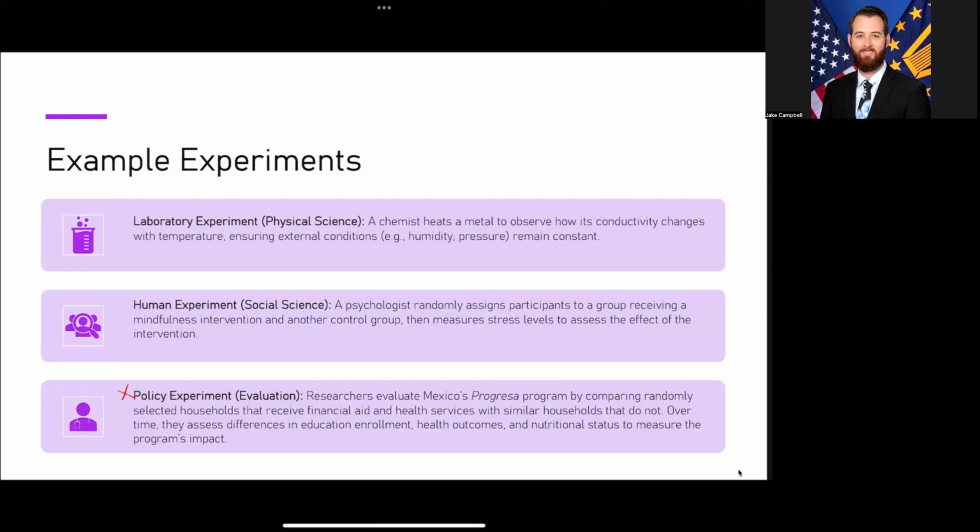What they did was randomly select towns within Mexico. Some of them received the intervention, and others had to wait to start receiving the same services. And they wanted to compare whether the people who received the financial and health services in those towns saw improvement in health outcomes, nutritional outcomes, and educational attendance as compared to the other communities that were not yet receiving that social welfare program.